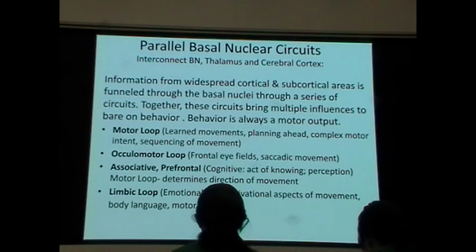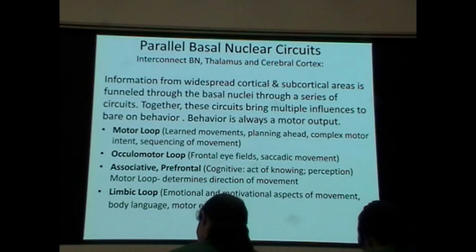So the motor loop: learned movements, planning ahead, complex motor intent, sequencing of movement, that's the motor loop. Ocular motor loop, that's the frontal eye fields. Remember this Brodmann's area 8, or the frontal eye fields, down below supplementary motor cortex. Saccadic movement of the eyes, side to side, scanning movement of the eyes.